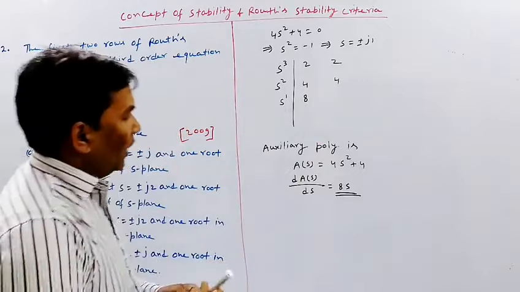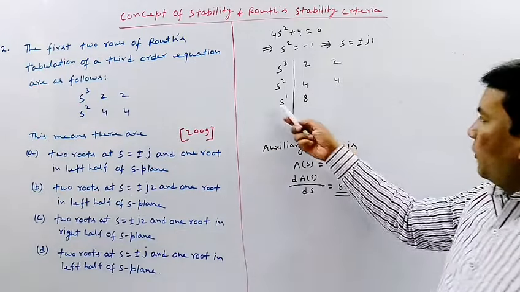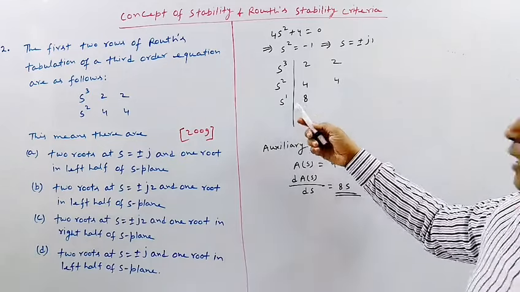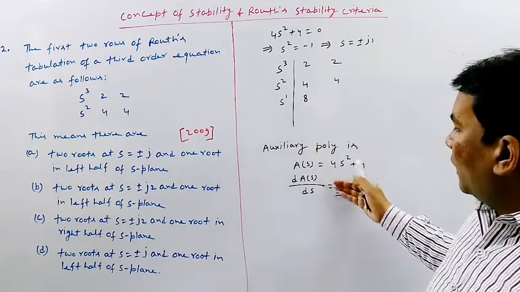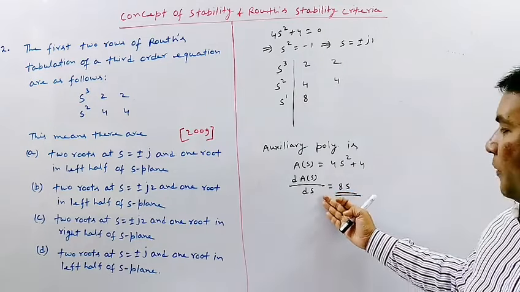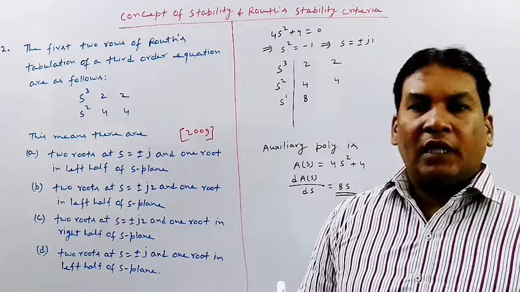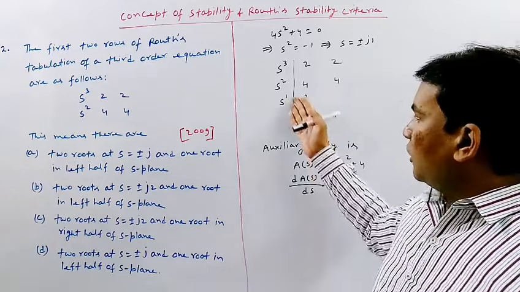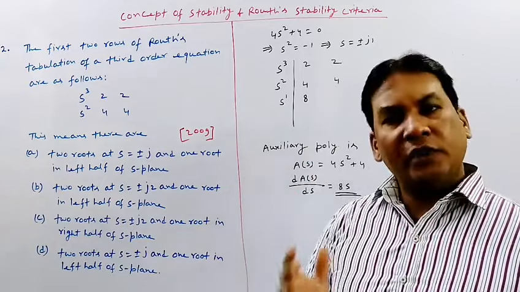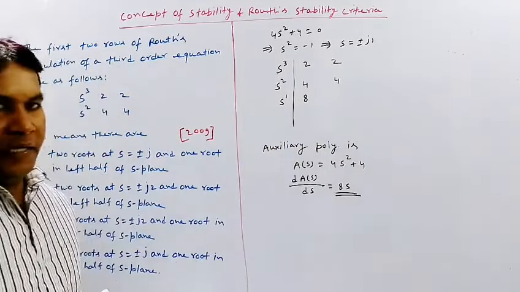And after replacing the elements of row of zeros by the differentiation of auxiliary polynomial, now we have to carry out the Routh's stability test as usual. Now s to the power 1 will become 8.